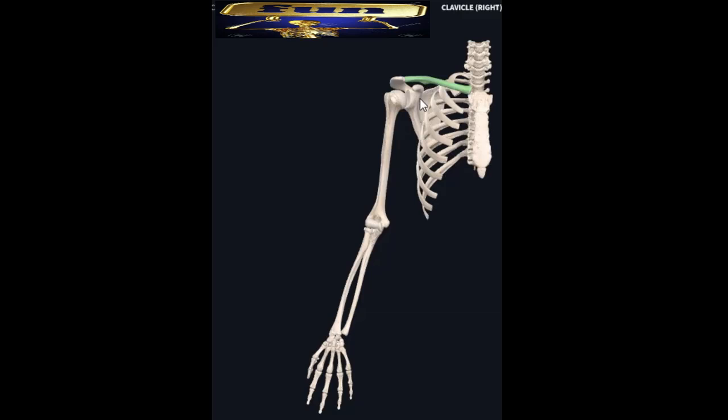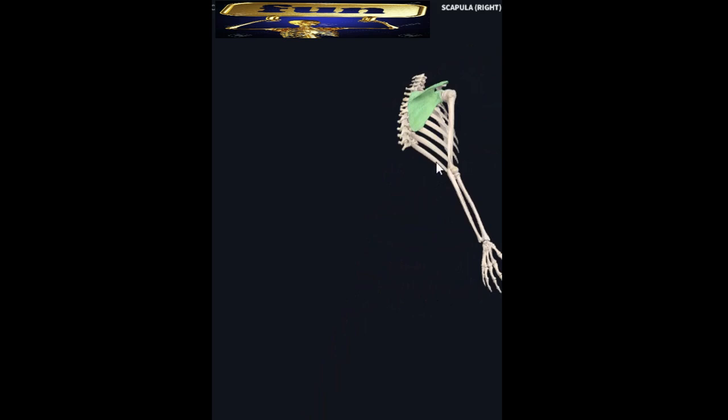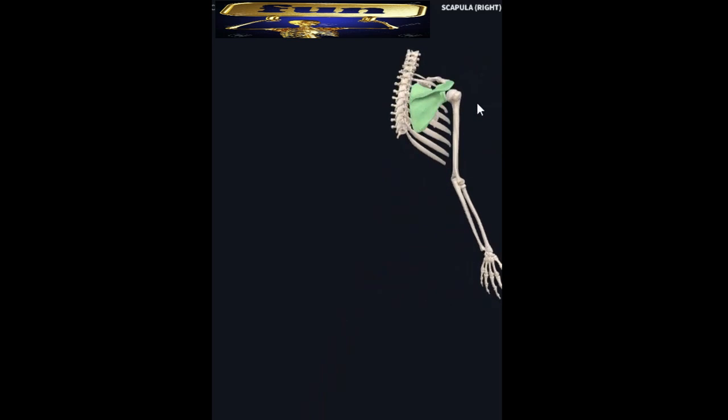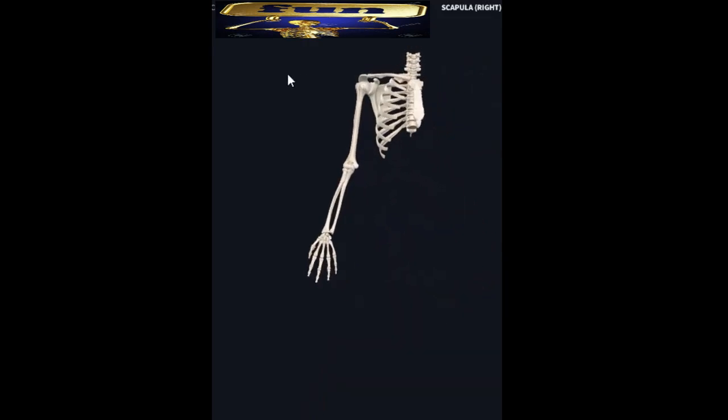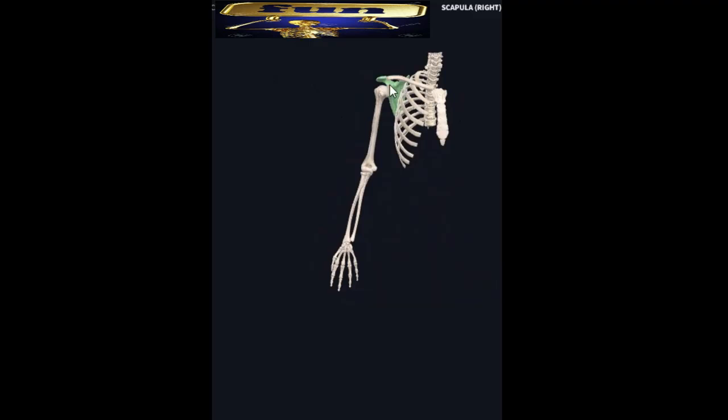The next one is your scapula, and you can see it from the back right here. So we did the sternum, the clavicle, and then we did the scapula.